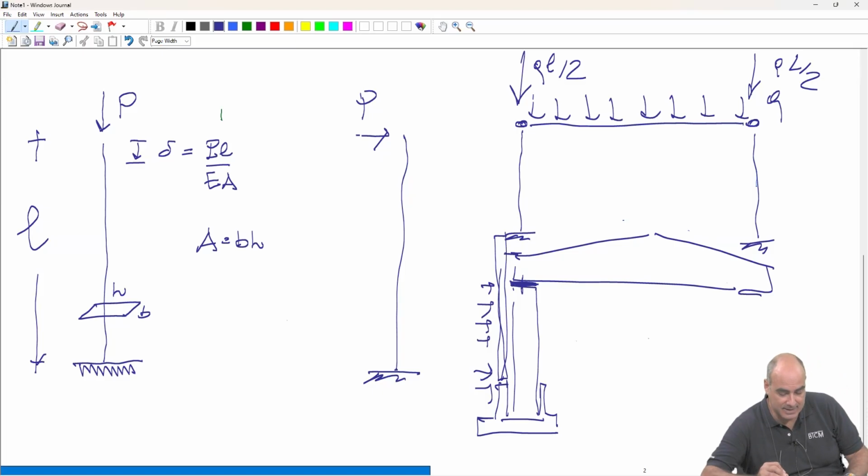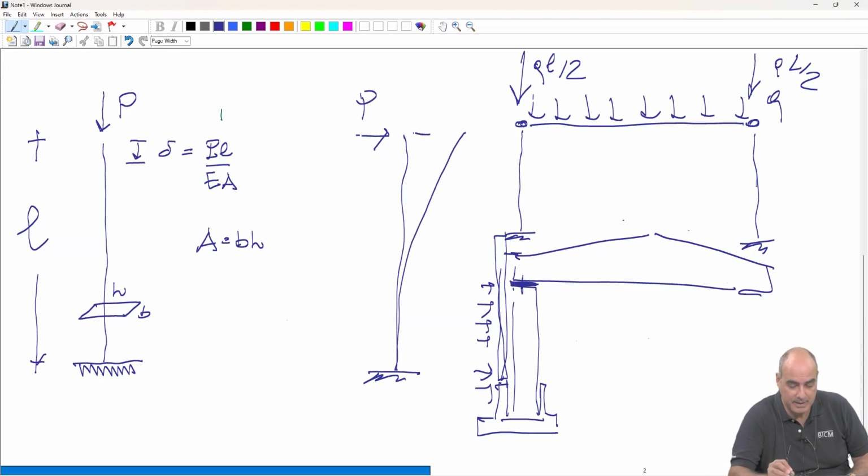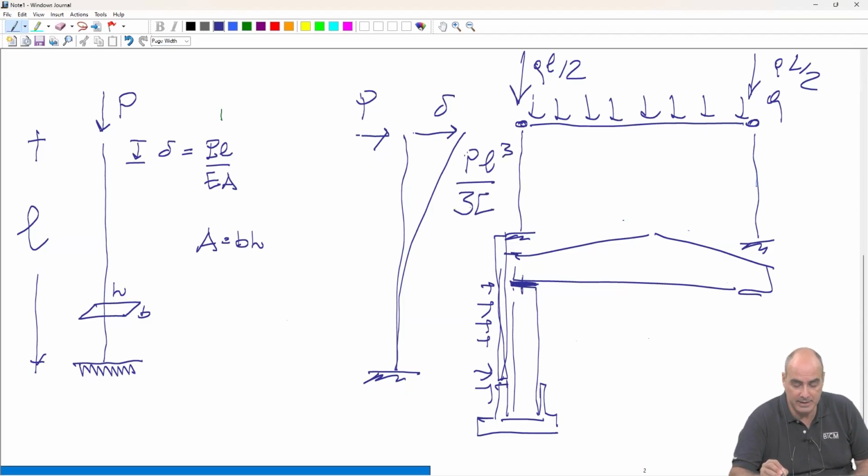Yeah, it's a cantilever, so the cantilever will deflect in this way. And you have this delta here. And how much is this? P L cube divided by 3 EJ. So this is delta axial, this is delta flexural.